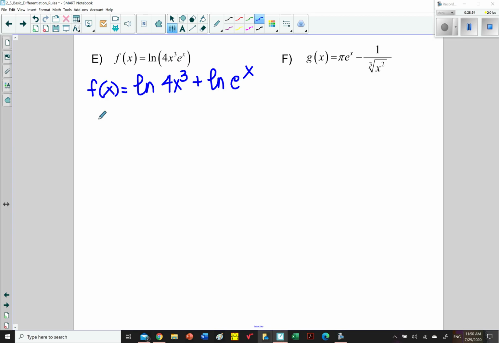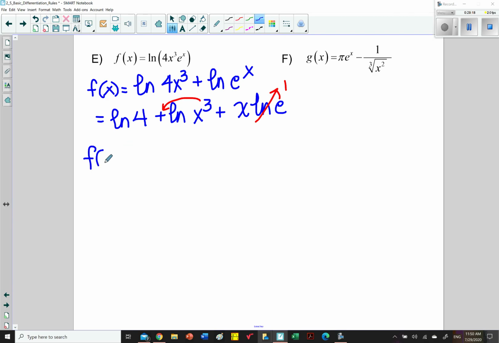Breaking this term apart, natural log of 4 plus natural log x cubed plus x natural log e. This is 1. This 3 comes out here. And then we have natural log 4, 3 natural log x plus x.